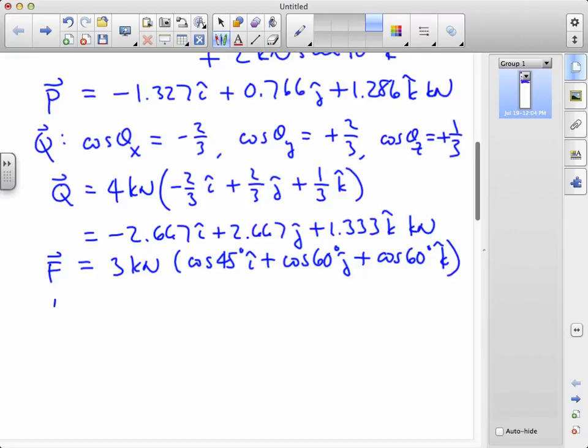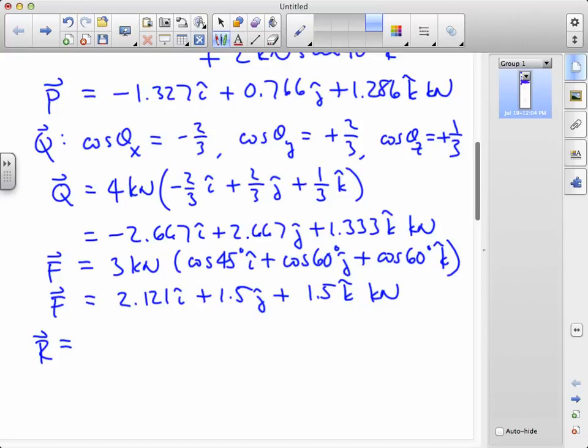And that gives us 2.121 in i, 1.5 in j, and 1.5 in k kilonewtons. Our resultant then occurs from just adding the individual components in these different directions.